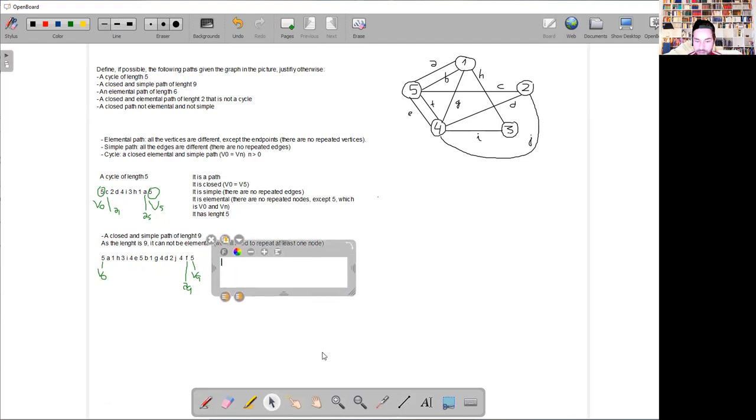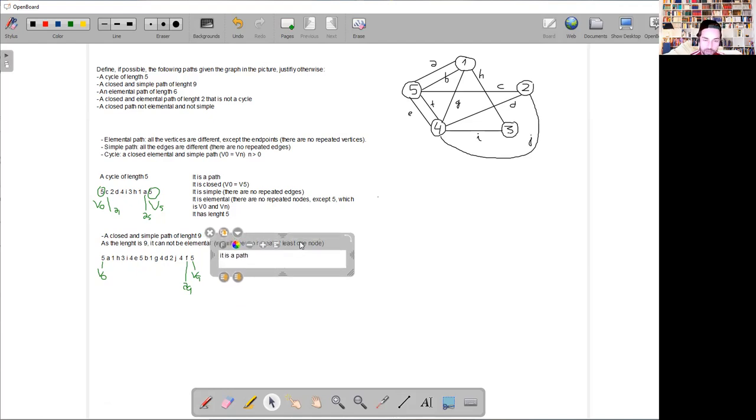So we have this, which is a path, right? It's a path because for each node that we put on the path, we are able to take these vertices. We have just checked that, right? That this is a path.